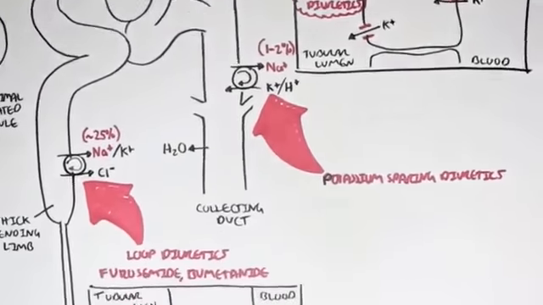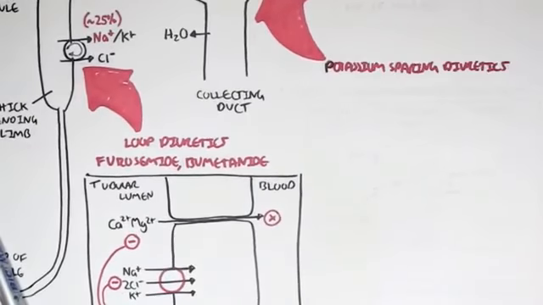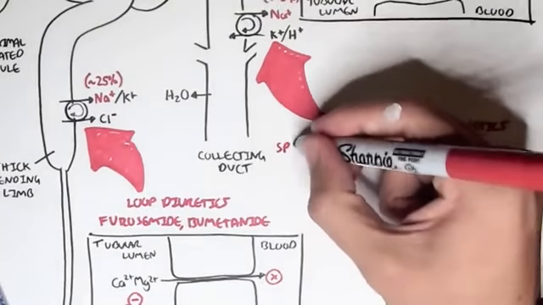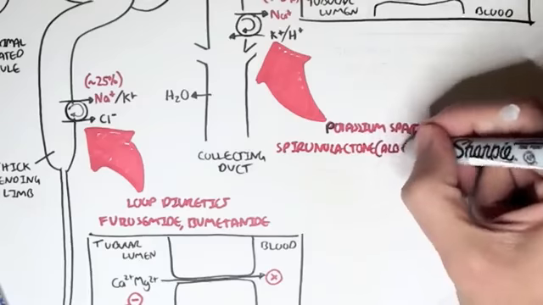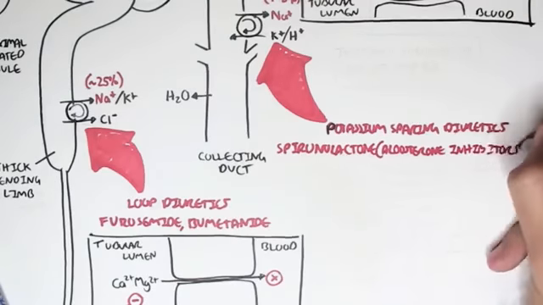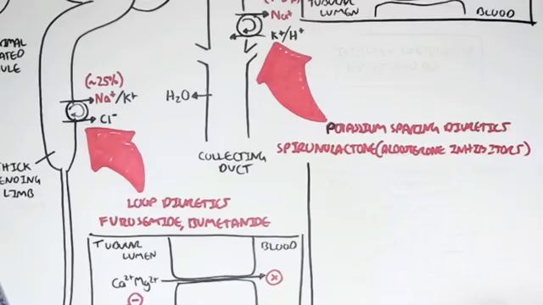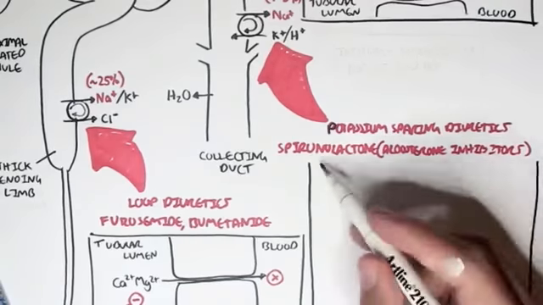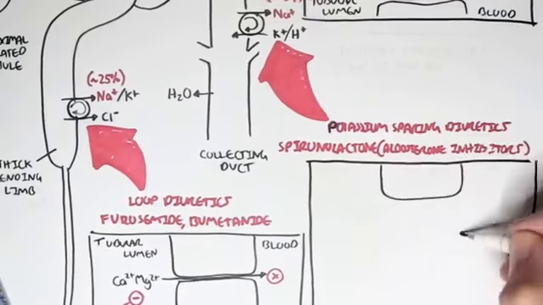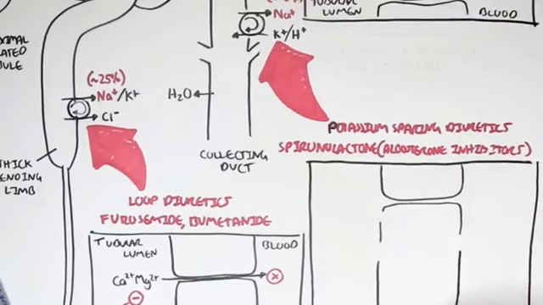The other type of potassium-sparing diuretics are aldosterone inhibitors, such as spironolactone, and these work on the transporter within the collecting ducts. They work on the intercalated cells where this transporter is located.